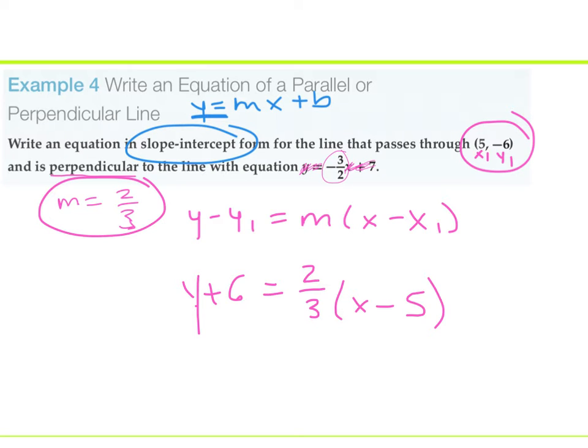So how do we get our equation here into slope-intercept form? What do we do? Before we subtract the 6, what else can we do?